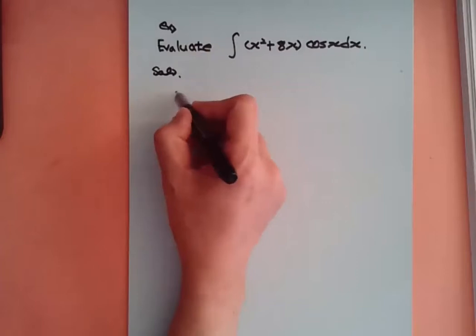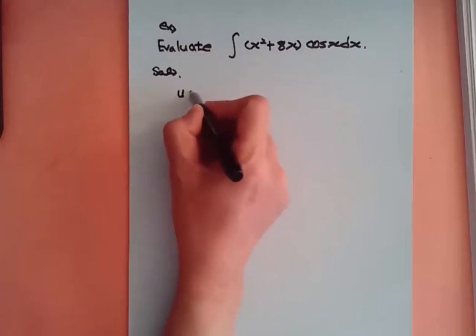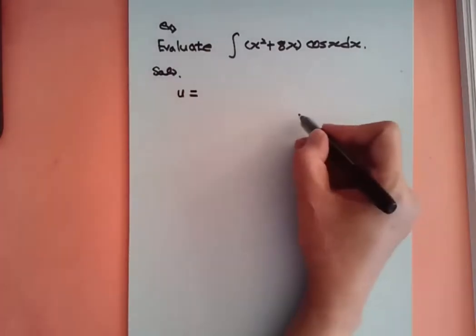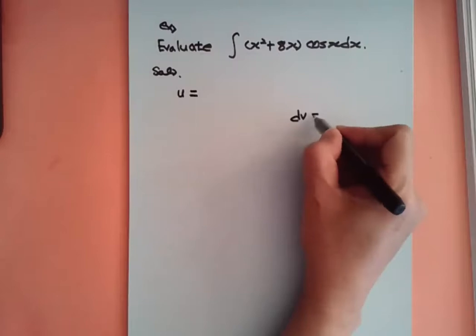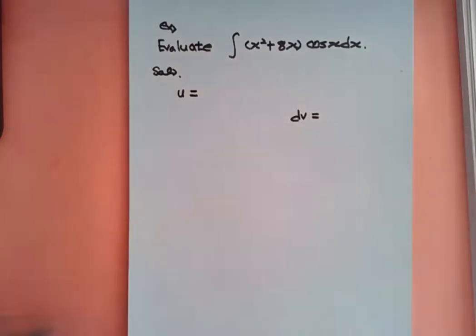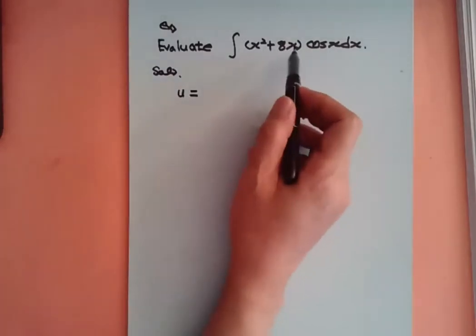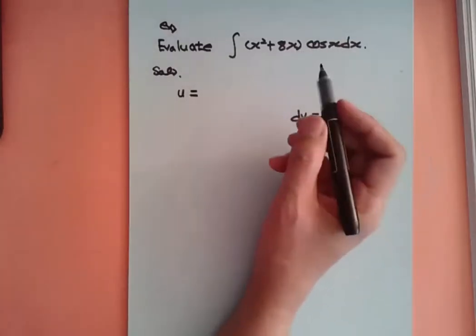I said you have to determine what must be u and what must be dv first. One function will be differentiated and the other one will be integrated. In this case, when we differentiate x squared plus 8x, the degree becomes lower, and so the algebraic expression will become simpler.